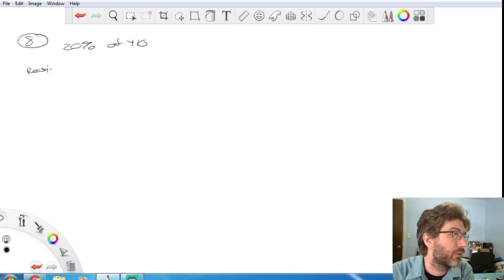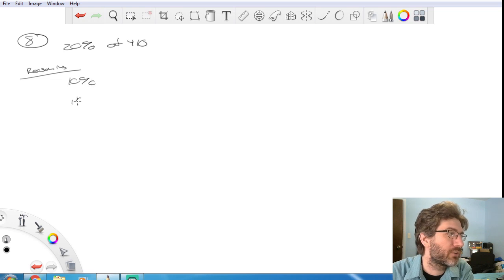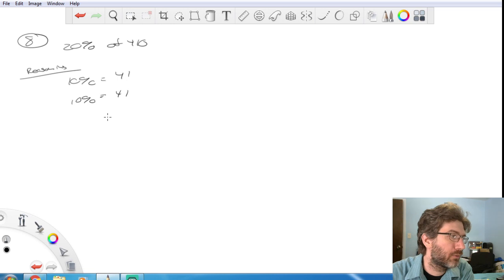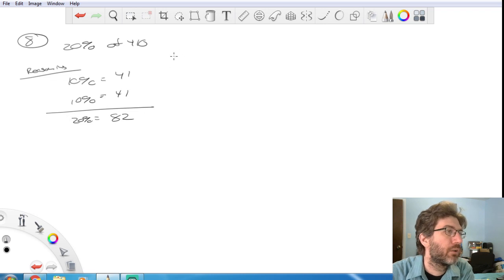You should all be reasoning on this one. 20% is just 10% plus 10%. 10% is 41, because again, you moved your decimal point one place. And then just add them up. So 41 plus 41 gives you 82. 20% is 82.